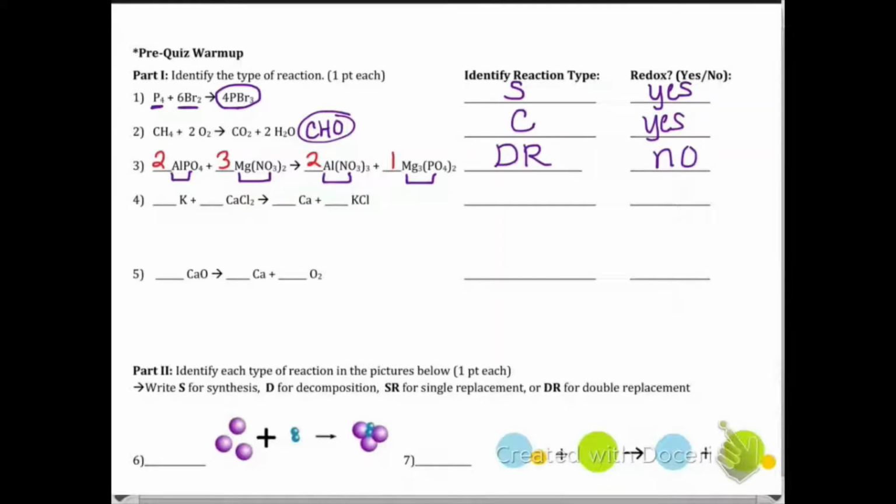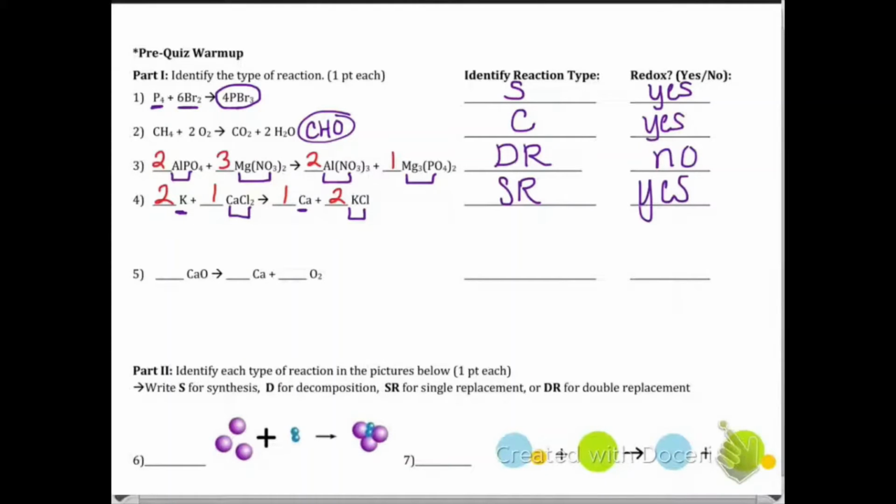All right, the very next one, we have to balance the equation. So this becomes 2, 1, 1, 2. Here, if we look carefully, we have a single with a pair, a single with a pair. The word single should remind you that it's a single replacement reaction. Yes, it does have a transfer of electrons.